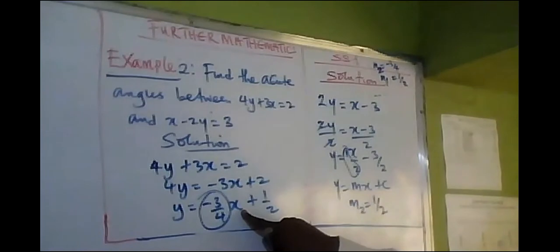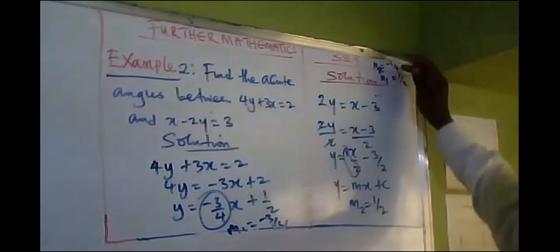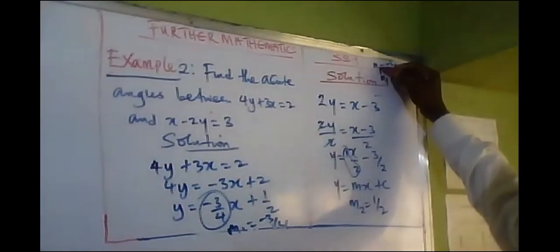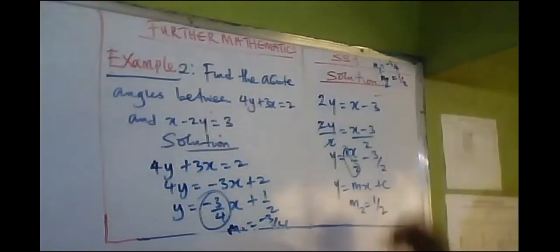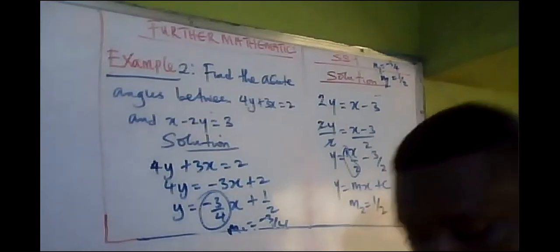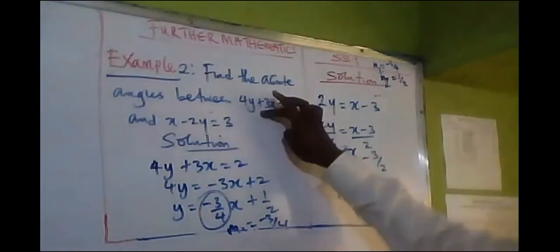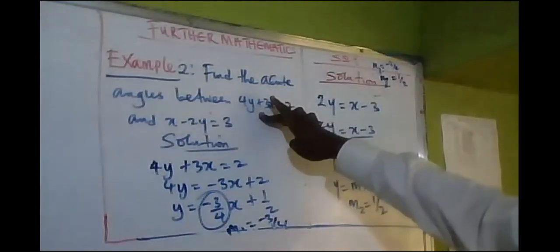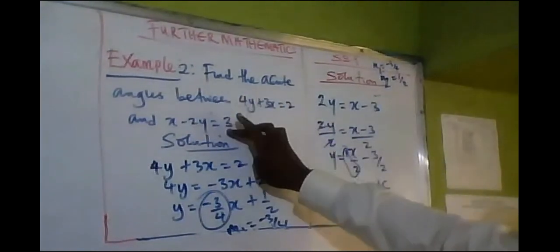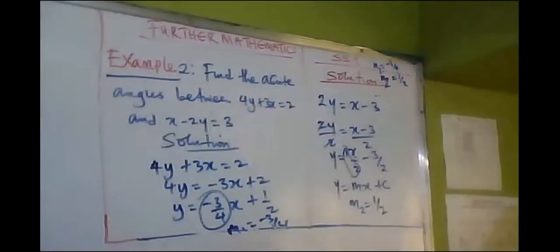So our m1 is minus 3 over 4, and m2 is half. So what do we do now? We got the gradient of the first line, m1 equal to minus 3 over 4. We got the gradient of the second line, which is m2 equal to half.